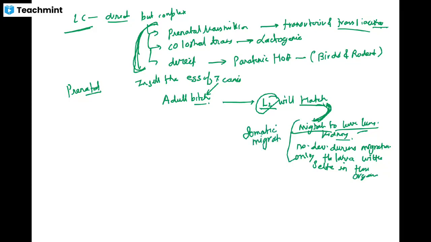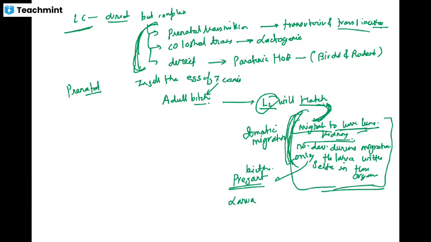Suppose when the bitch becomes pregnant, the larvae are present in these organs, ये मोबिलाइज नहीं होते. During migration ये किडनी में, लीवर में, लंग में जाके यहाँ पे सेटल रहते हैं और उसके बाद इनका माइग्रेशन नहीं होता. जब bitch becomes pregnant, then larvae are mobilized.